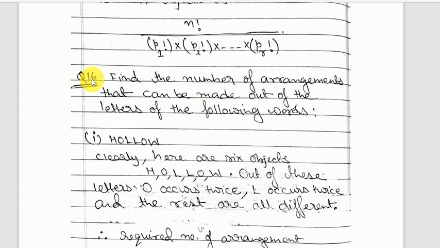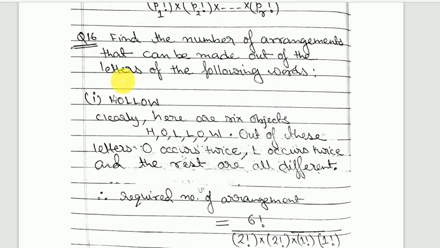Here question number 16 says, find the number of arrangements that can be made out of the letters of the following words. Here we have got the word HOLLOW. Here you can see that O and L are repeated. L is repeated 2 times, O is repeated 2 times. So how many objects or letters are there?